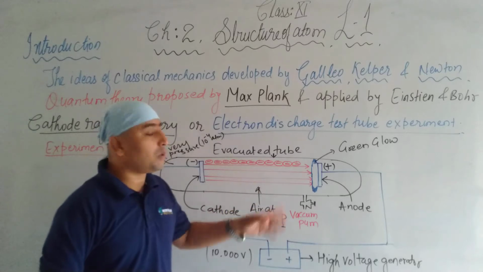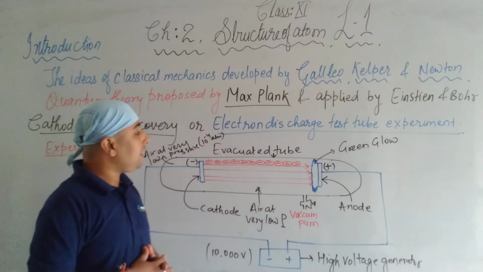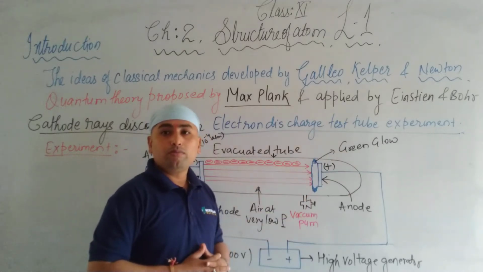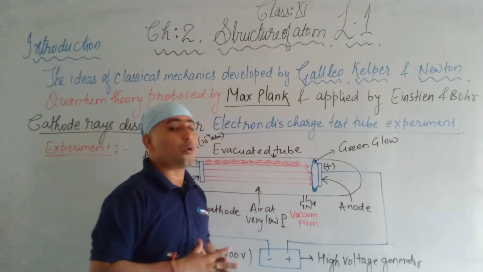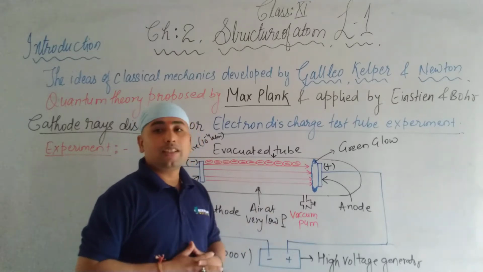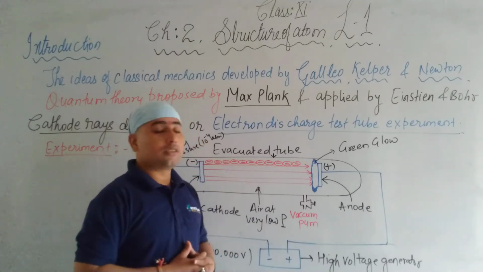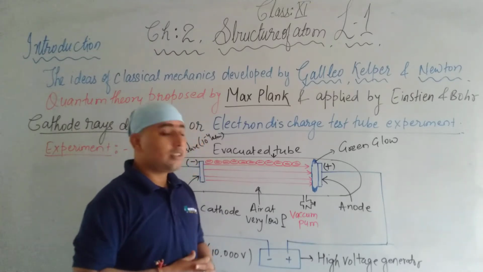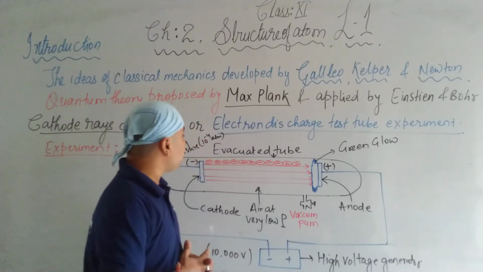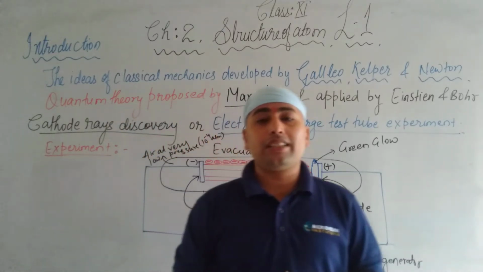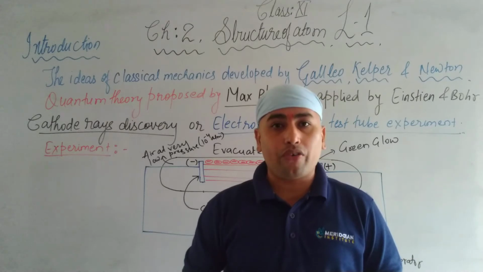As it was moving towards the anode, he saw that near the anode there was a green glow. It indicated a fluorescent screen. He changed the electrode material and also used some other gases, but repeated the same experiment, and he confirmed that there is a discovery of cathode rays.